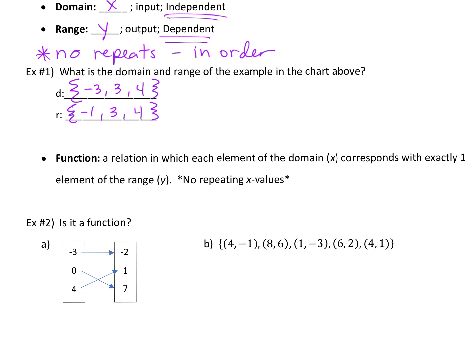Okay, so a function. A function is a relation where every element of the domain, so your x, every x corresponds with exactly one y. In other words, you can have no repeating x values in order for it to be a function.